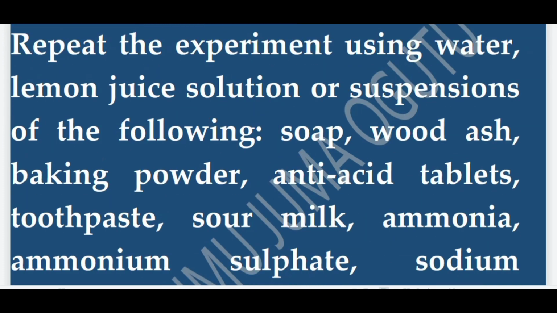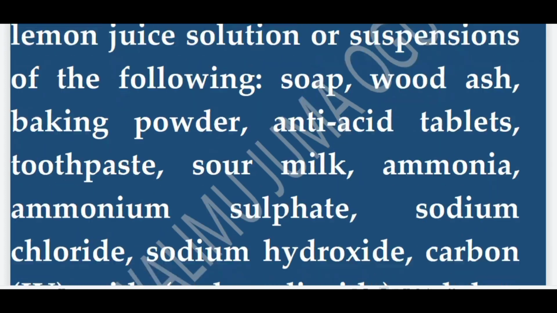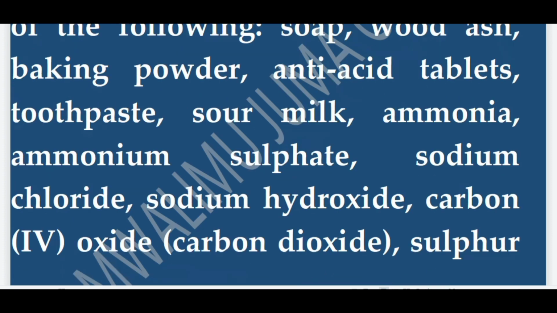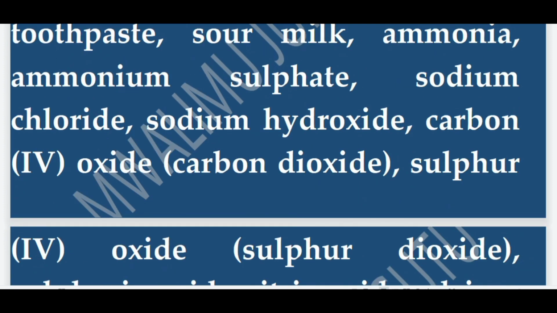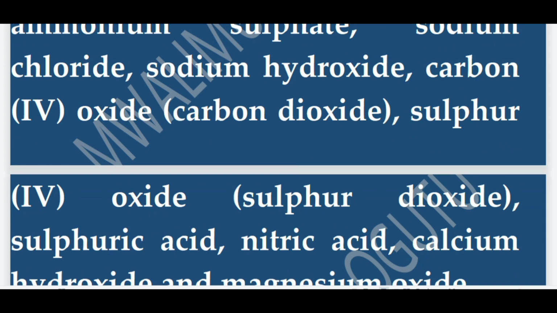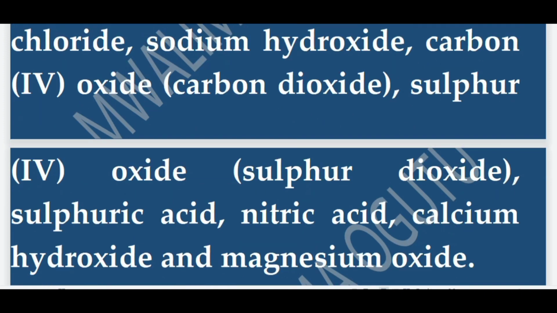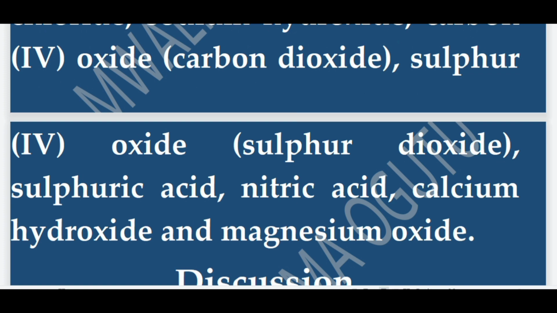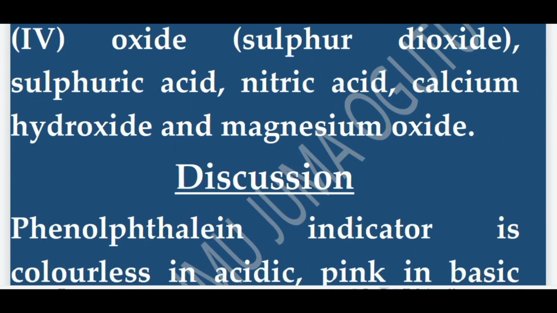We have wood ash, baking powder, antacid tablets, toothpaste, sour milk, ammonia, ammonium sulfate, sodium chloride, sodium hydroxide, carbon dioxide, sulfur dioxide, sulfuric acid, nitric acid, calcium hydroxide, then magnesium oxide. Those are some of the substances we will be carrying out the experiment on to determine how to classify them either as base, acid, or neutral solution or substances.